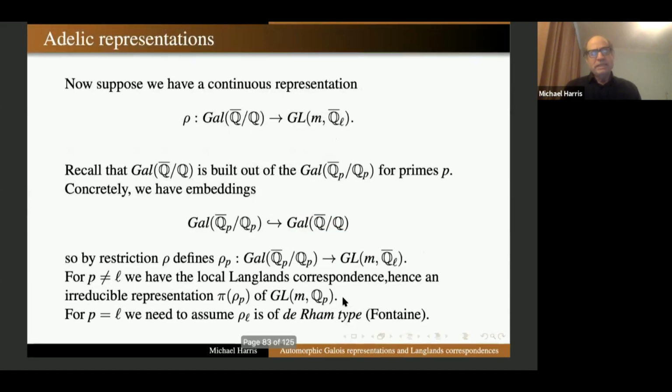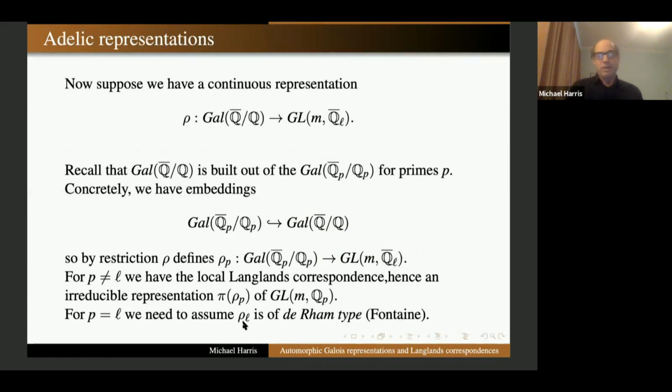But if P equals L, all of a sudden, the representation is continuous in a way that really does depend on L because of this wild Galois group. If this were C, then the image of the wild inertia group would be finite. But that's no longer the case if P equals L. So we need to make it a hypothesis.